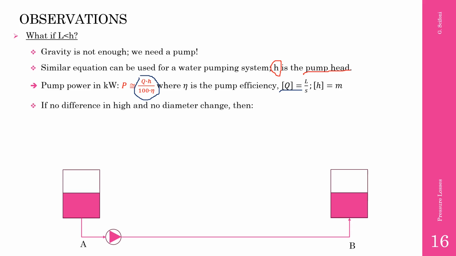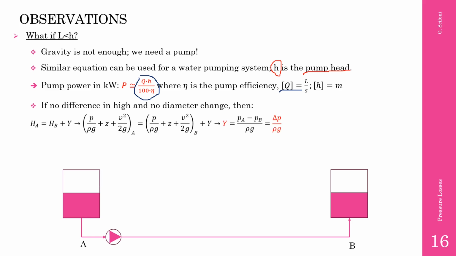What happens if we have a network with a pump as schematized in the picture, so two tanks connected with a pipe where a pump is used? In this case, there is no difference in height, and if there is no difference in height and no diameter change, then we can write the energy conservation in such a form where the head at point A and the head at point B we can express by the general formula with 3 contributions.